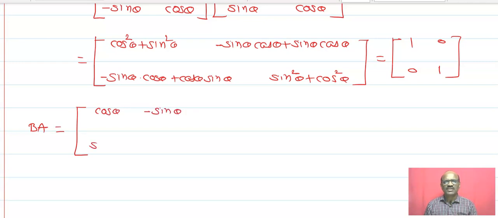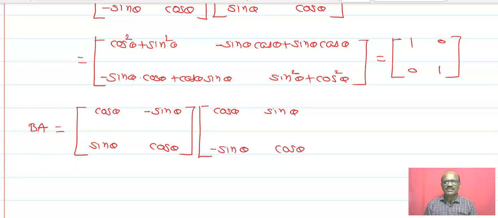Now BA: cos theta, minus sin theta, sin theta, cos theta, bracket complete, times cos theta, sin theta, minus sin theta, cos theta.